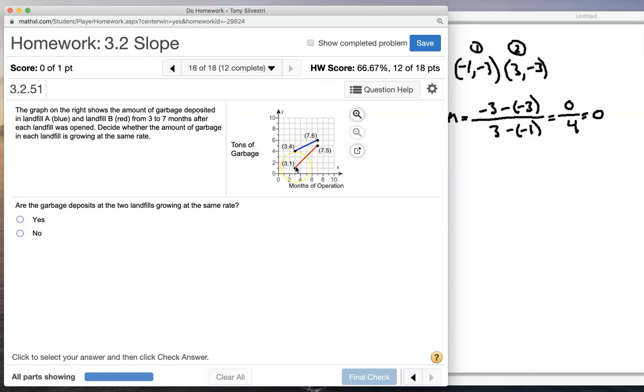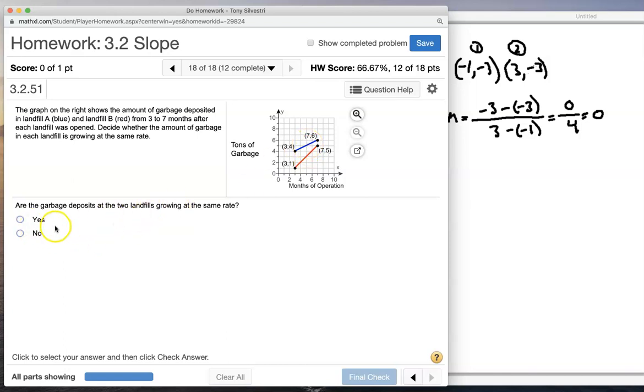It looks to me that landfill B is more popular because as I move along in the same number of months, I've got more garbage in there. In the same number of months, landfill A still has garbage, but not as much. Now, you could calculate the slopes.